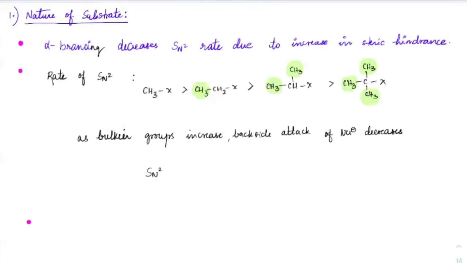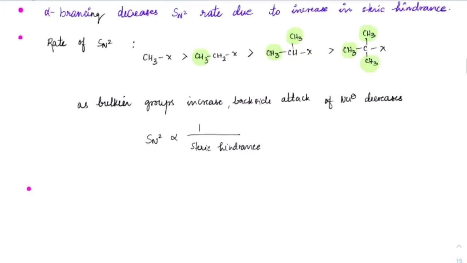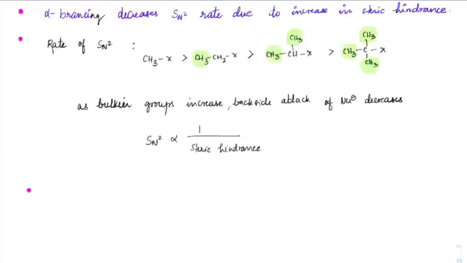So I can say the SN2 reaction is inversely proportional to steric crowding, steric hindrance. I guess you understood what happens with the nature of the substrate. So one factor we studied with the nature of the substrate is that if the crowding increases, the rate decreases.